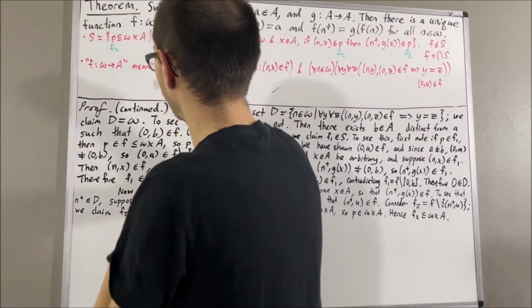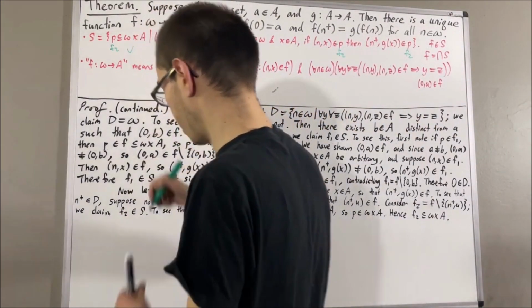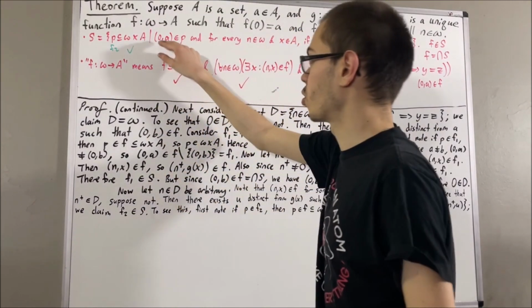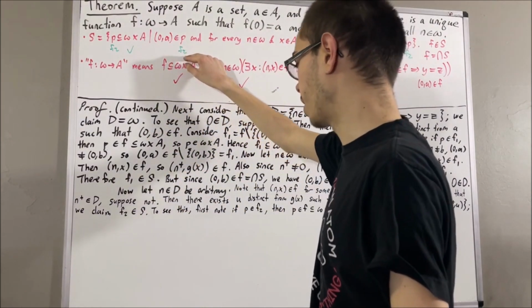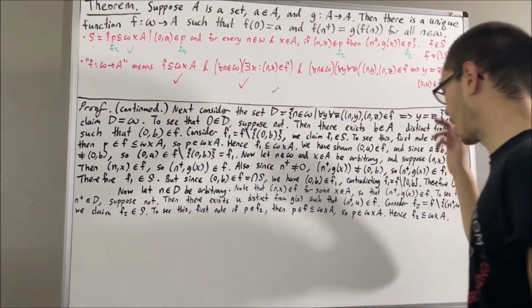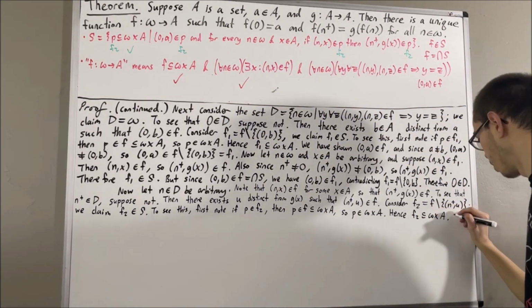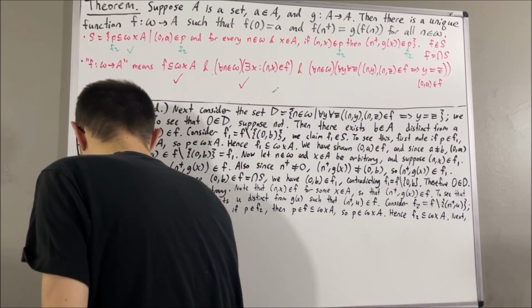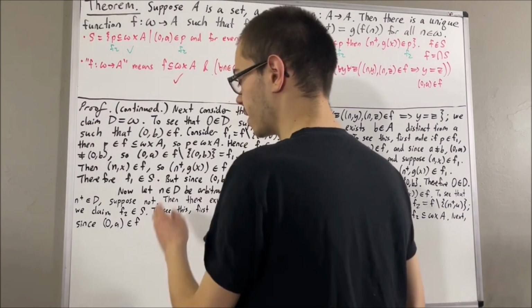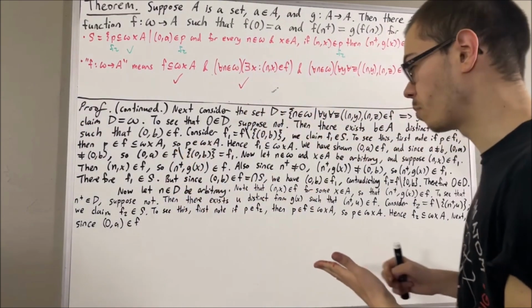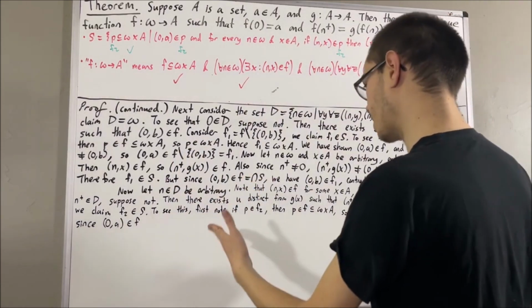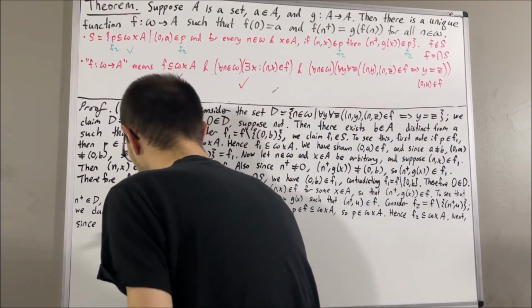So F2 satisfies this condition. We can also see that 0 comma A is an element of F2 because, well, first of all, we know 0 comma A is an element of F. And since 0 is not the successor of any natural number, then in particular, 0 is not the successor of n.